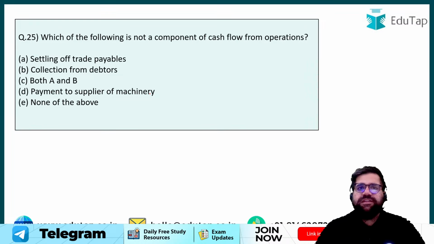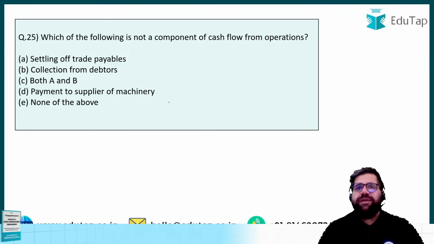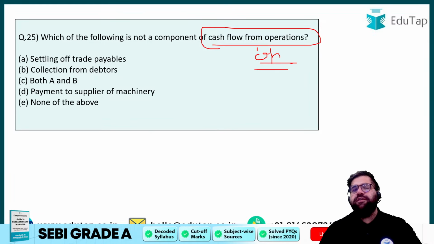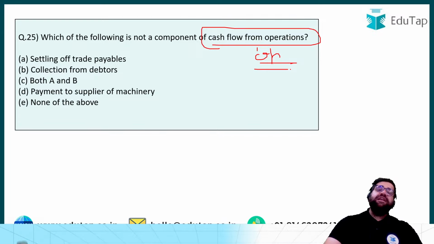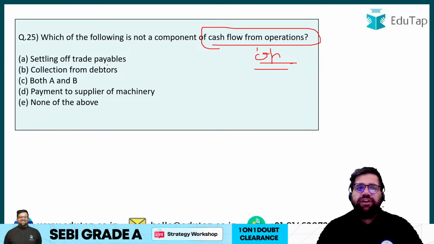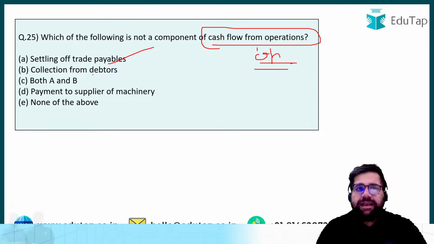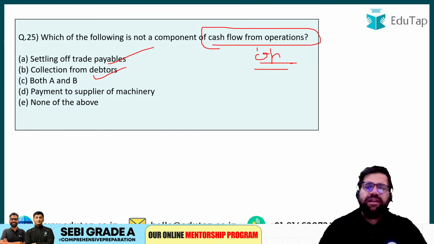Question number 25. Which of the following is not a component of cash flow from operations? Cash flow from operations basically means those activities which are directly traced to the main operating activity of your business. Settling of trade payables, yes, this is very basic; it will be done in the normal course of business. Collection from debtors, yes, it will be there again in the normal day-to-day activities of business.